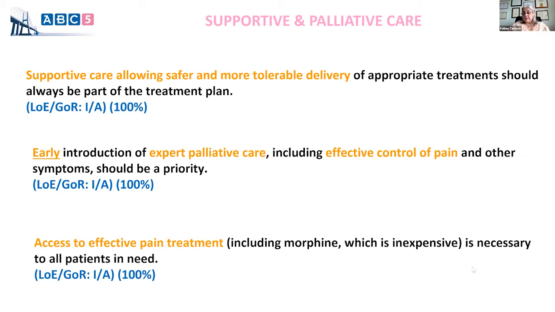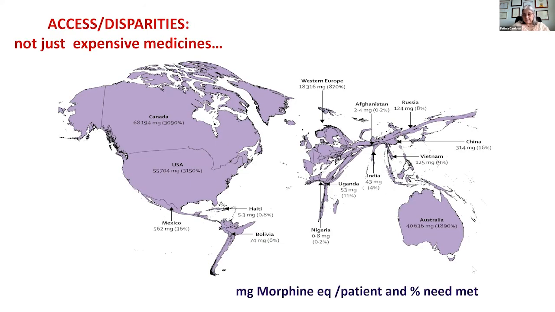And one of the other things we need to fight for is access to effective pain treatment. And I know you will discuss accessibility, but I wanted to show you the world regarding access to morphine. Morphine is a very inexpensive treatment, but there is a lot of prejudice about the use of morphine or of opioids overall. And you see that in some areas of the world, people are not having access at all.